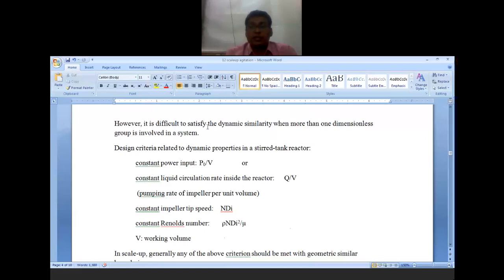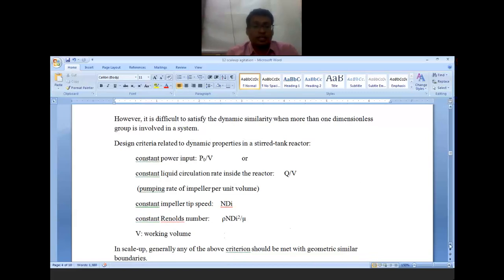So we have considered two different factors, that is the impeller tip speed and the Reynolds number. For constant impeller tip speed you get 50 rpm, and for constant Reynolds number you get 5 rpm. So this statement holds true. It is difficult to satisfy the dynamic similarity when more than one dimensionless group is involved.